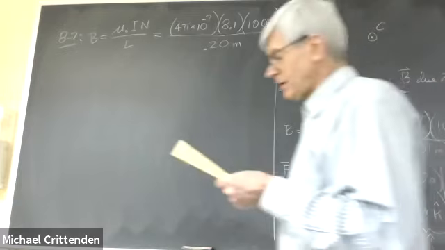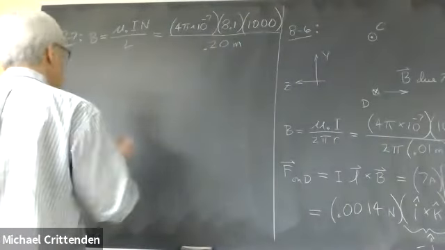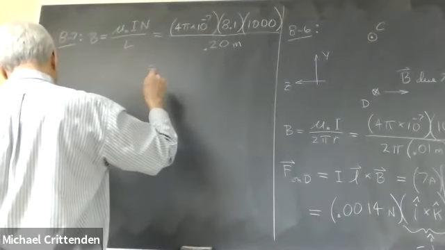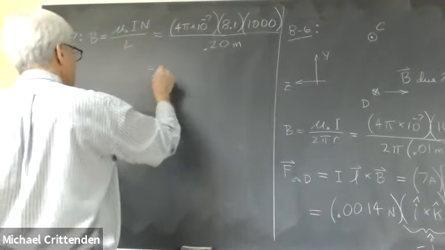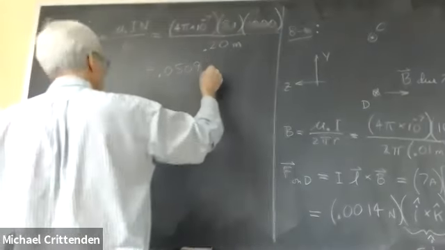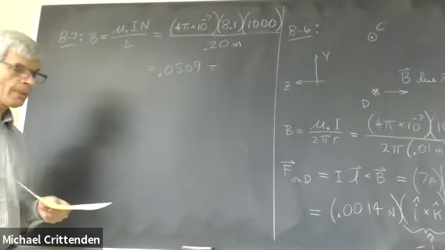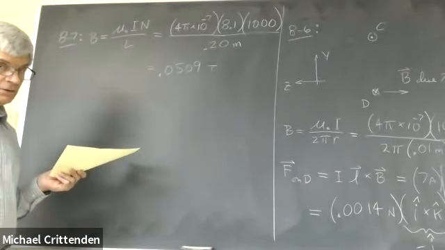Crunch the numbers and B is .0509, measured in Teslas. That's the magnitude of the field.